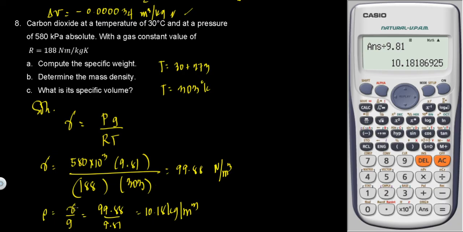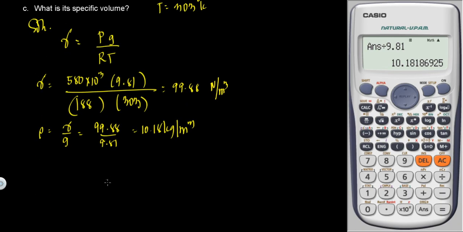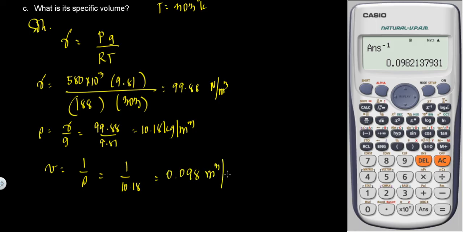And the specific volume is the inverse nito, no? Reciprocal lang. So, we have here 1 over rho. 1 over 10.18 equals, okay, inverse equals, okay, 0.098 meter cube per kg.